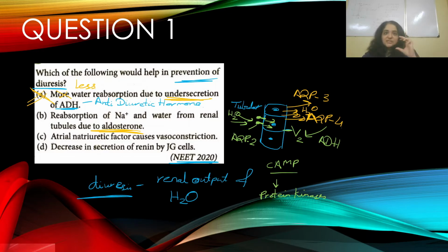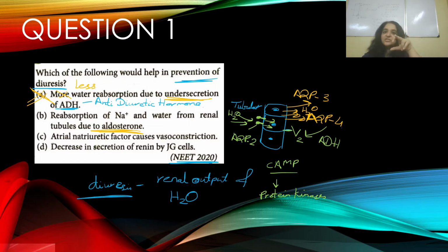There are special cells called principal cells in the later part of DCT. If you watched my previous lecture, you would know what I'm talking about. Aldosterone acts on those cells and they allow the reabsorption of sodium. Although that region is not permeable to water by osmosis, it becomes so only when ADH attaches there.